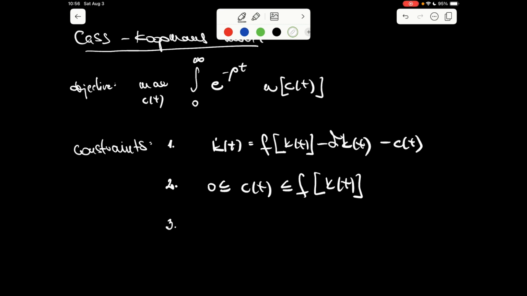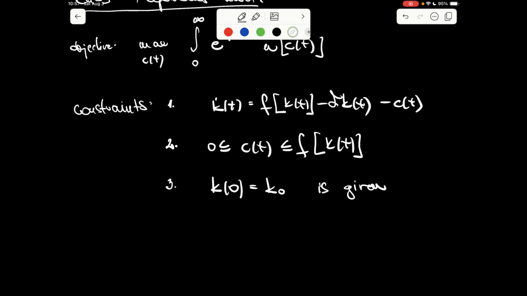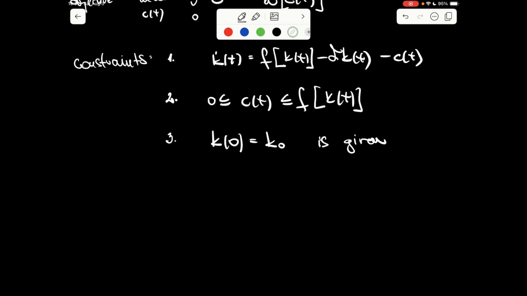And the third constraint is that the initial capital stock is given. So these are the basics of the problem, of the exercise. And now we will write the current value Hamiltonian.